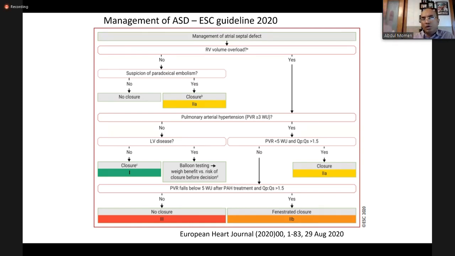So in the ESC guideline, if PVR is less than 5, it can be closed. But if it is more than 5, we should wait with vasodilator. If it becomes less than 5, we should close. But if PVR persists more than 5, it should not be closed.